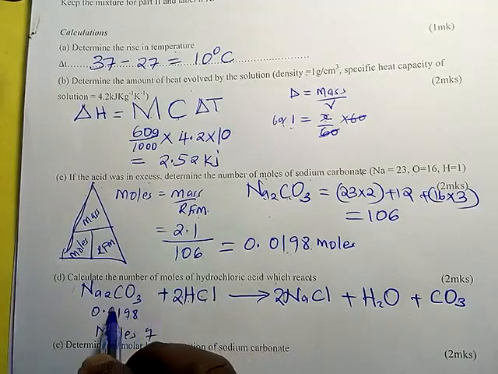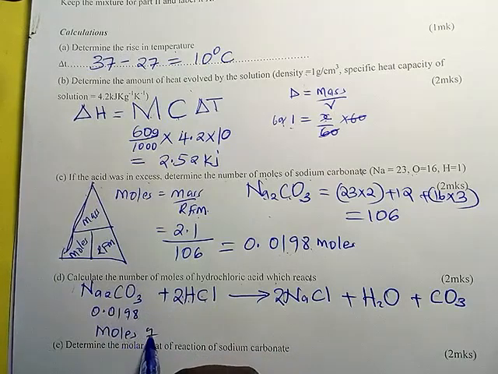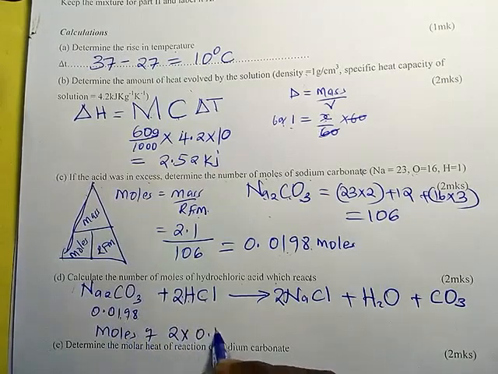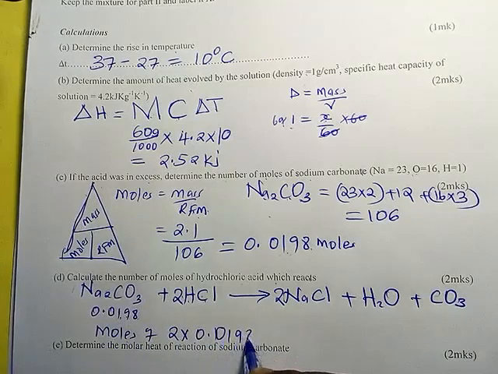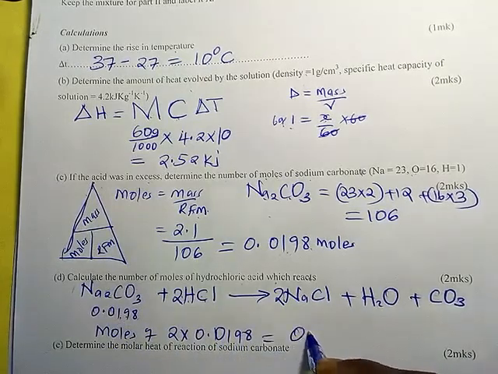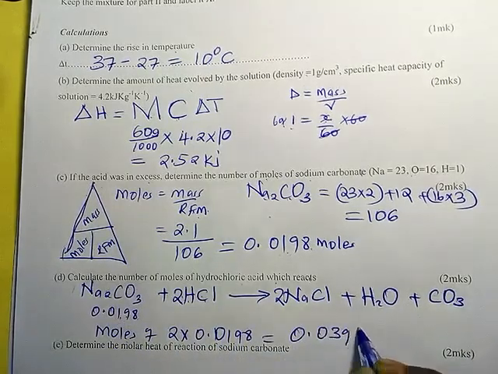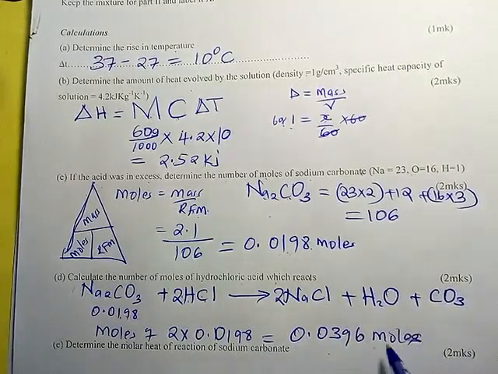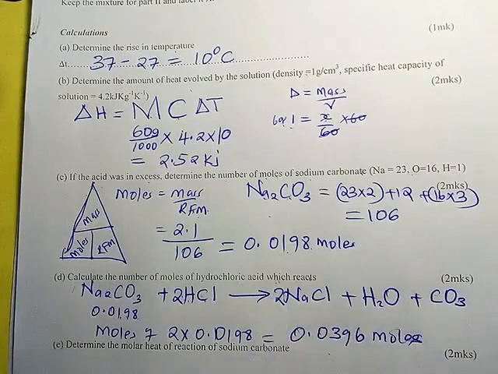So moles of HCl is equal to 2 times 0.0198, which is 0.0396. This is the moles of HCl that reacted with the carbonate.